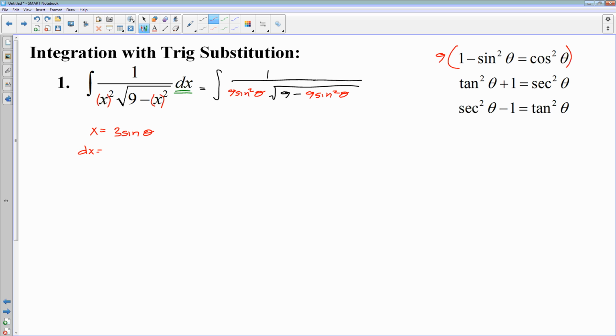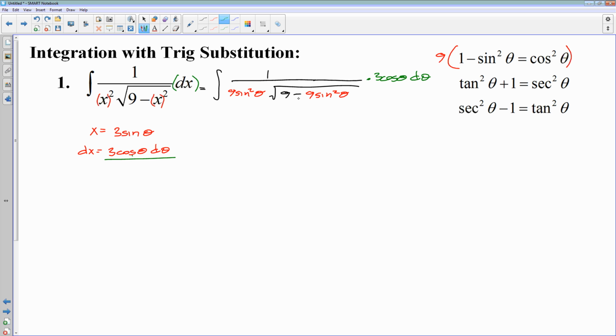I'll simply take the derivative of what I chose for my x. So that would be 3 sine, the derivative of that is 3 cosine theta d theta. So in the place of dx, I will put a 3 cosine theta d theta.